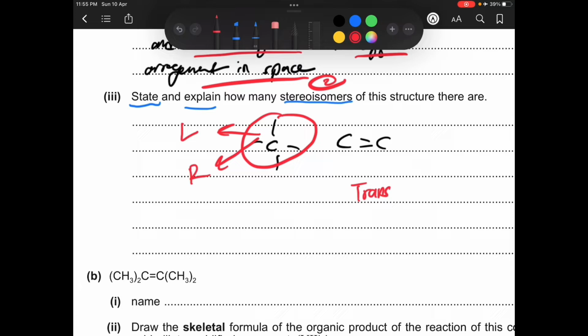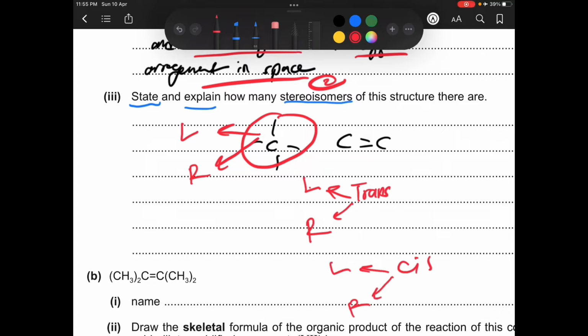By the way, the optical isomers have other names, S and R, but these topics will be covered later, so there is no need to know about them now. You could have trans with L or trans with R, and cis with L and cis with R.